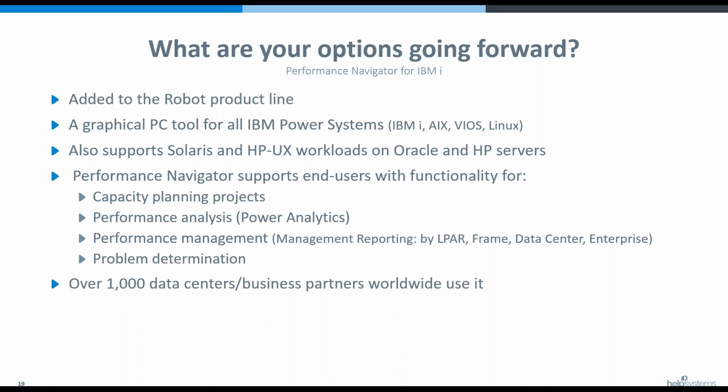So with the tool, we're going to support end user functions like capacity planning, performance analysis, power analytics, management level reporting. Randy talked about the importance of being able to see not only an IBM i partition, but all your IBM i partitions, all your AIX partitions, your Linux, and the VIOS, all on one summarized report.